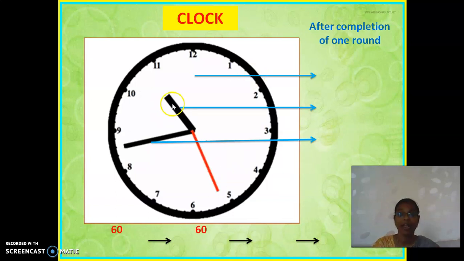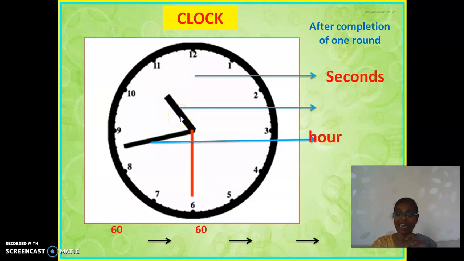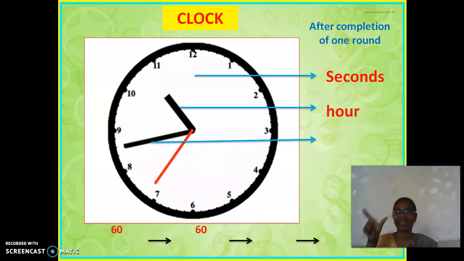The hour hand will be very short. The second hand is always rotating, so it is called the rotating hand, known as the second. The red color, can you see here? The next one is the short hand, which is known as the hour. And the other long hand is known as the minutes.